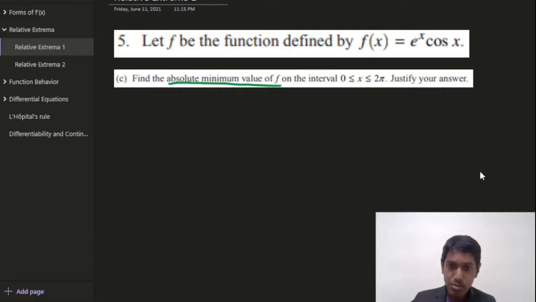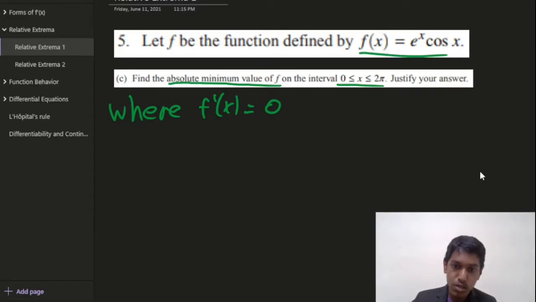So we're finding the absolute minimum value on this interval. Now there are a few different ways to do it with some slight variations, but what I'm going to do is find where f prime of x is 0, right? So I'll look at all of those x values, and I'll look at endpoints.